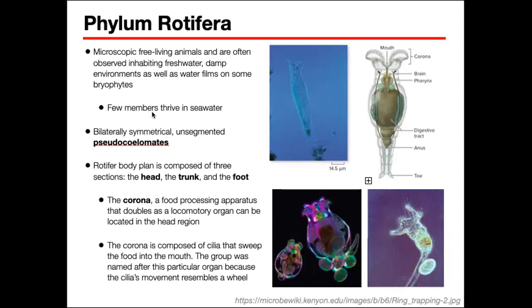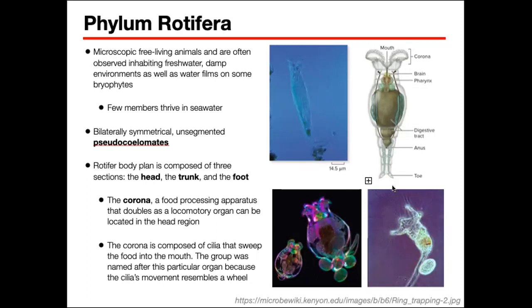And yung body plan ng rotifers is composed of 3 sections. You have the head, the trunk, which comprises the majority of the organism, and then the foot. You have the corona right here. This corona, mura na siyang ligid that's moving towards the mouth. And yung purpose nito is dalawa, for locomotion and at the same time also to capture food.